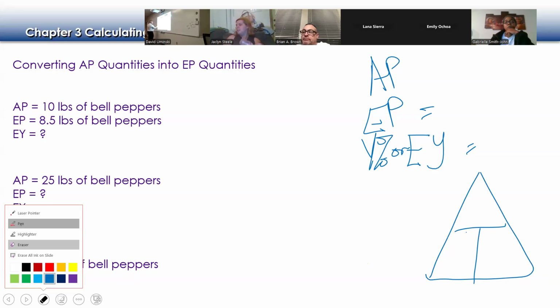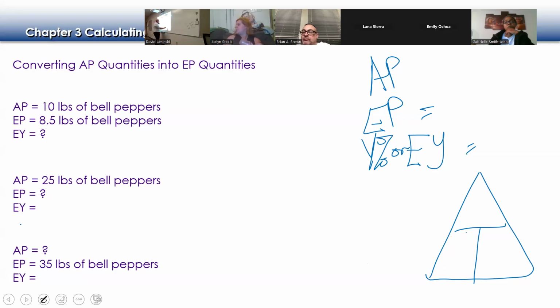Yield percentage is on the bottom. Now we have AP and EP left over. Which one goes where in the triangle? AP's at the top. AP goes where? On the top or the bottom? Why the bottom?